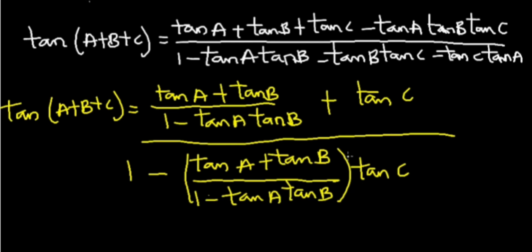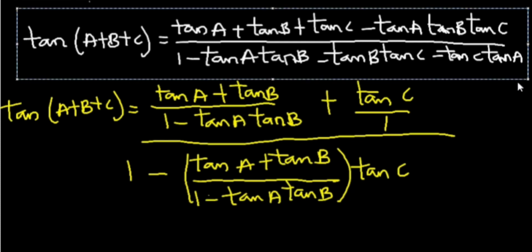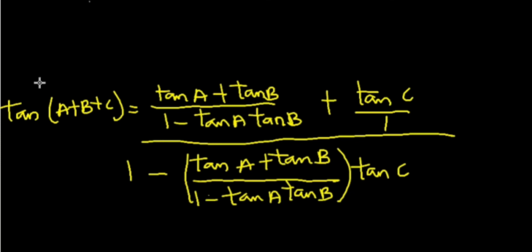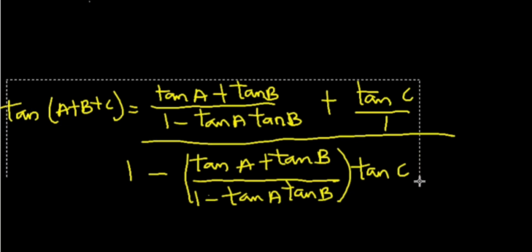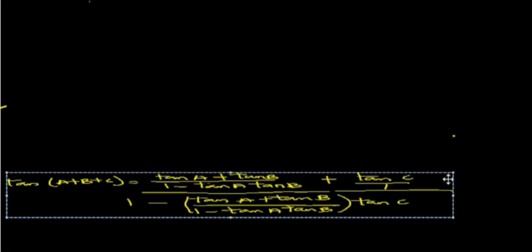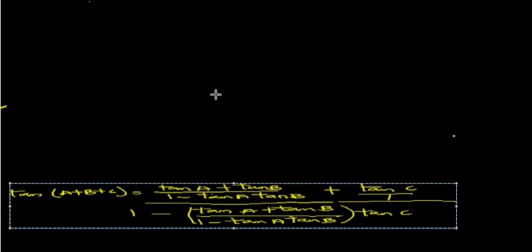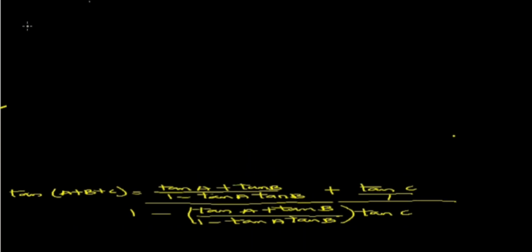Alright, now I'm going to express this as a single fraction. Let's clear this side. We already have the question jotted down, so let's clear this so we have space to work, but let's still have this in mind. With that, I'm going to have tan(A+B+C).